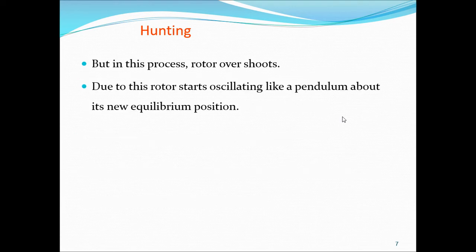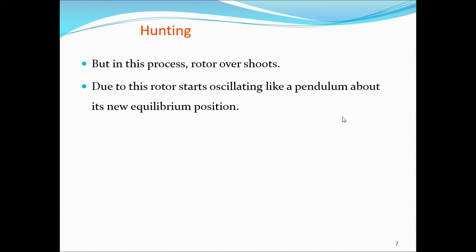In this way, the rotor starts oscillating like a pendulum about its new position of equilibrium corresponding to the new load.